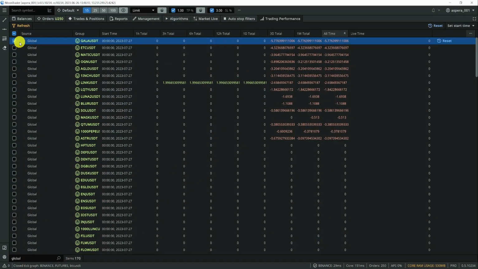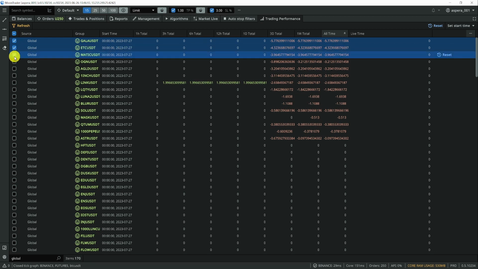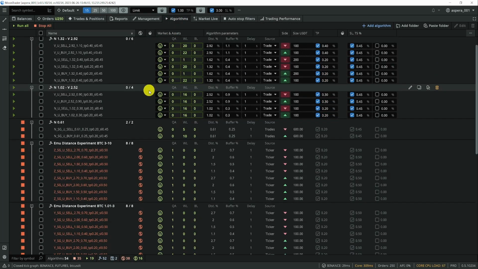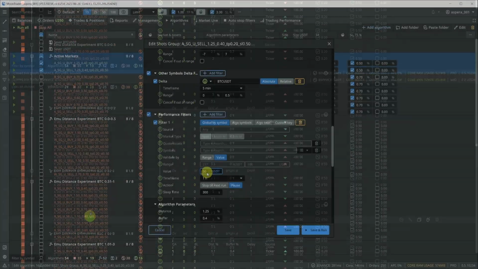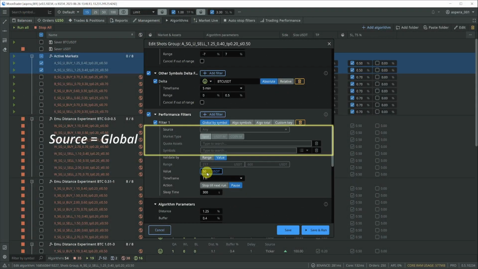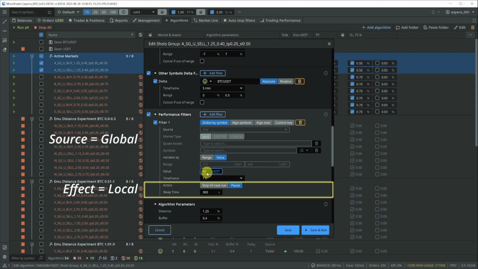If there are, say, 3 such coins, it pauses all 3 within this algorithm. But these very coins continue being traded elsewhere in your algorithms unless you have used the same kind of filter in all those other algorithms. The source is global, but the effect is local.